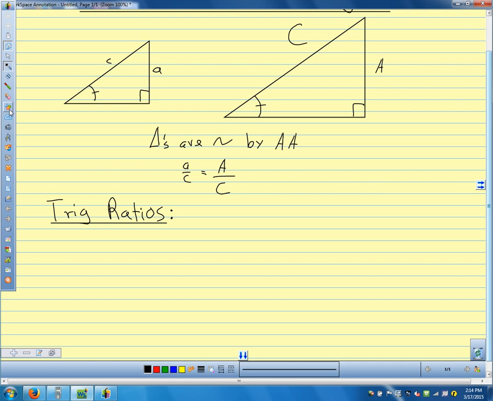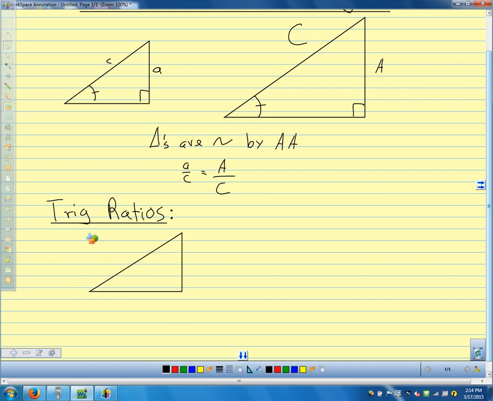So for what we're going to do today, we're going to label our triangle in a specific way. There's our 90-degree angle. In trigonometry, we like to call our angle theta. That's the Greek letter theta. I don't know why they like Greek letters in trigonometry, but you'll see that for angles a lot.